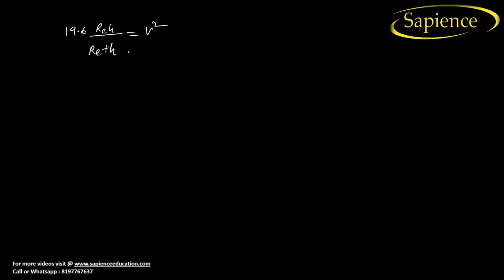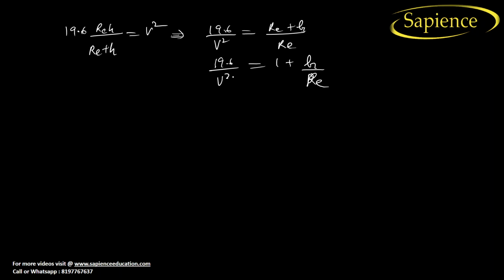Now we can reverse it. 19.6 by v square is equal to (R_e plus h) by R_e, so this is equal to 1 plus h by R_e. This is equal to 19.6 by v square. So from here we can put h is equal to R_e into (19.6 by v square minus 1).